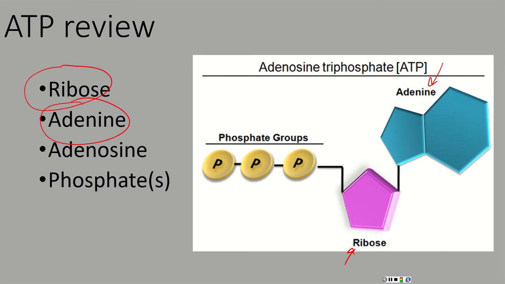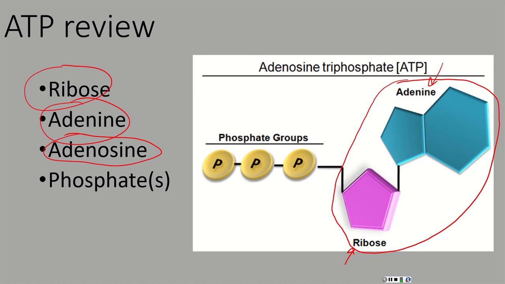Now, when we're talking RNA, if we have adenine and ribose together, that's called adenosine. Adenosine is ribose plus adenine. And if we have our phosphate group, we call it AMP, adenosine monophosphate.